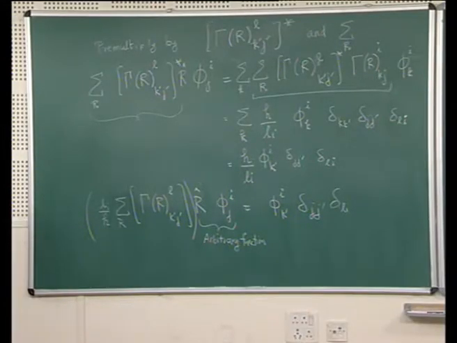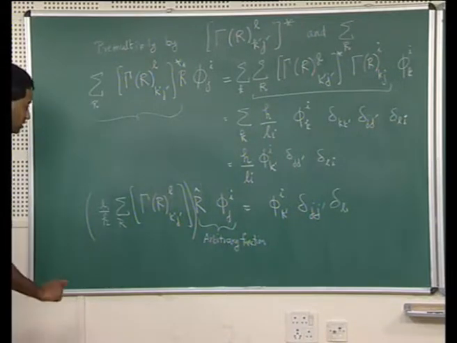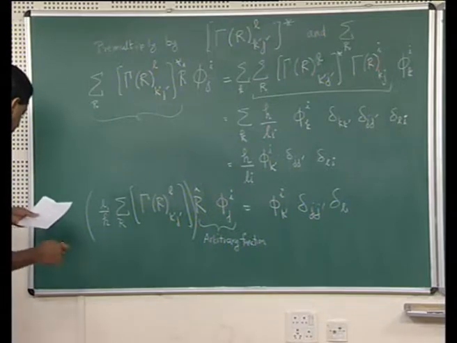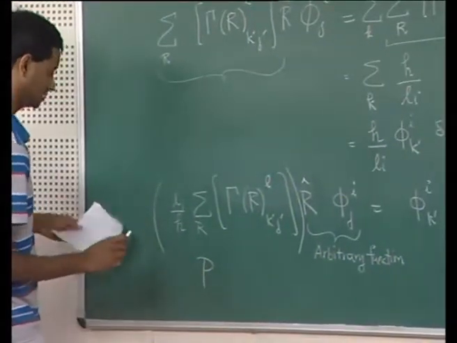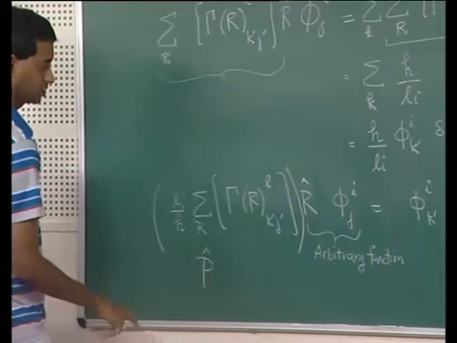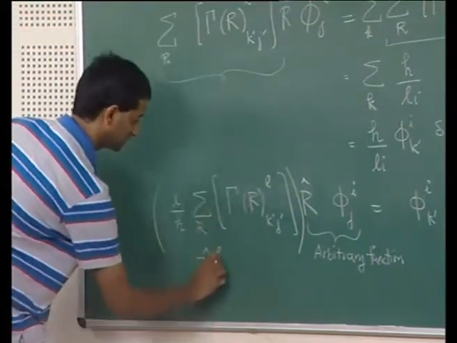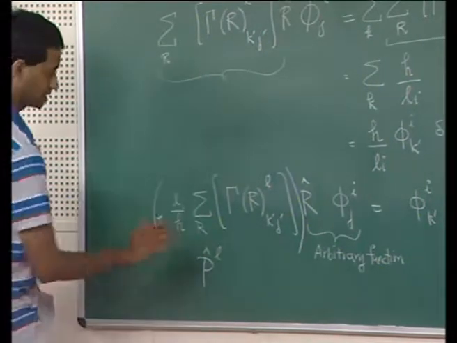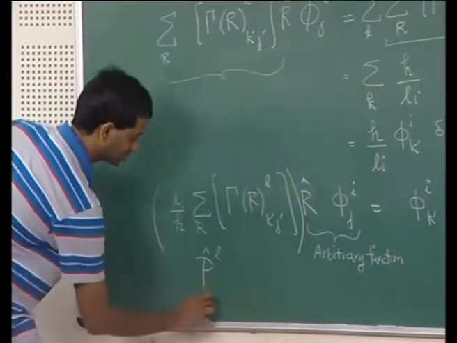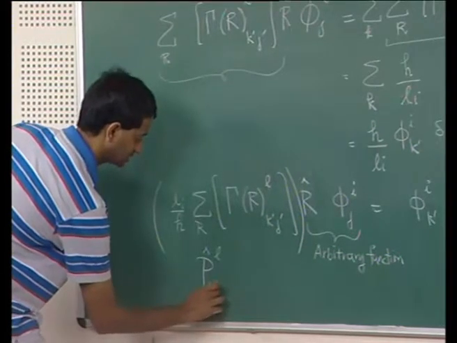This operator you think of as the projection operator. This is a projection onto the nth irreducible representation, and it projects the k prime j prime element.